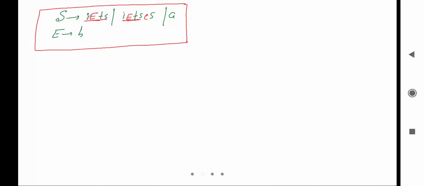This is the prefix portion, or we can say alpha, just like the alpha we took in the previous example. These things are the same, it means there is a left factoring. So we will have to remove this left factoring. Removal of left factoring.